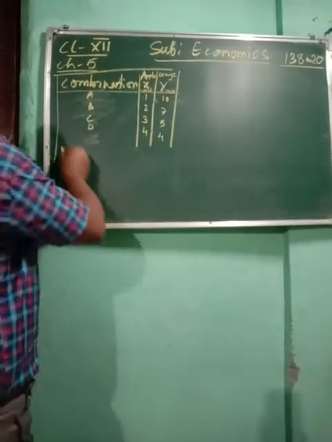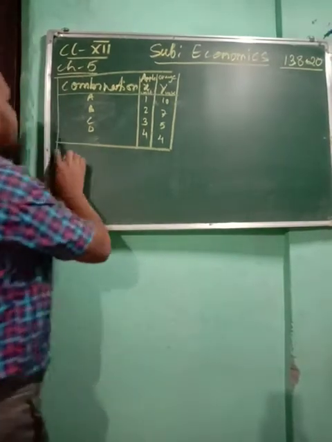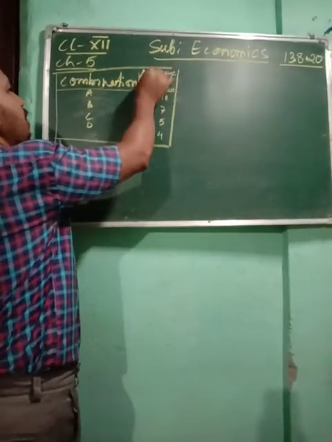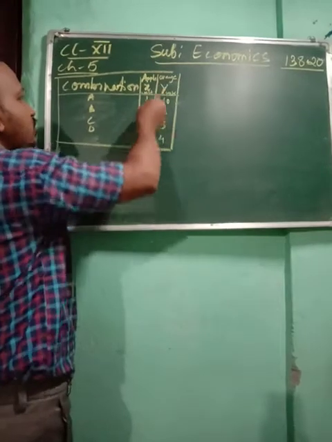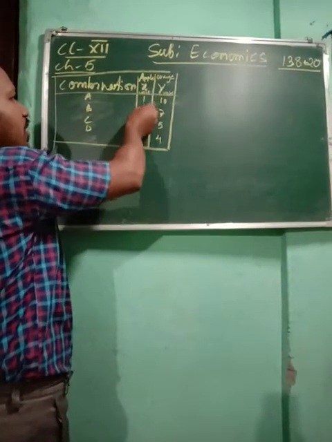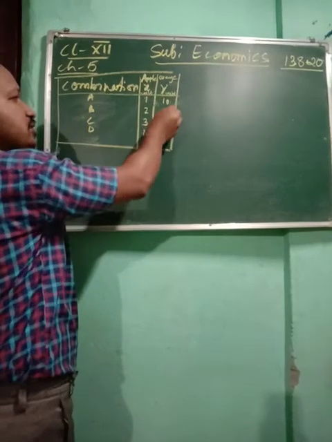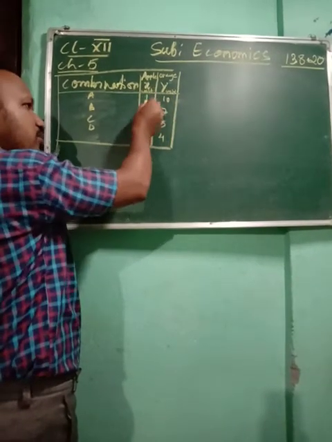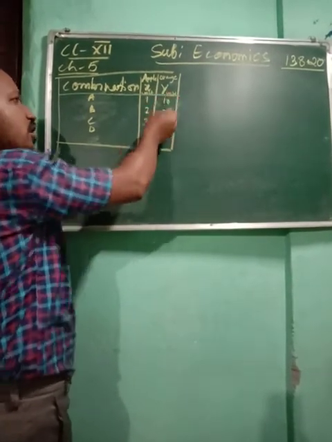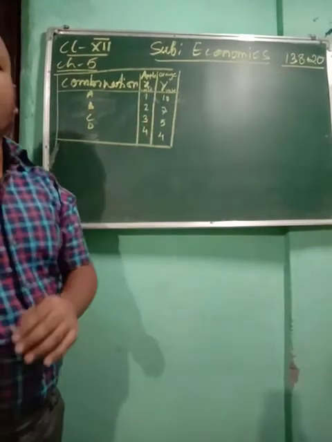A consumer is consuming two commodities, X as apple and Y as orange. When you are consuming more apples, you have to reduce the consumption of oranges. When you consume one commodity more, the other commodity's consumption has to be reduced.